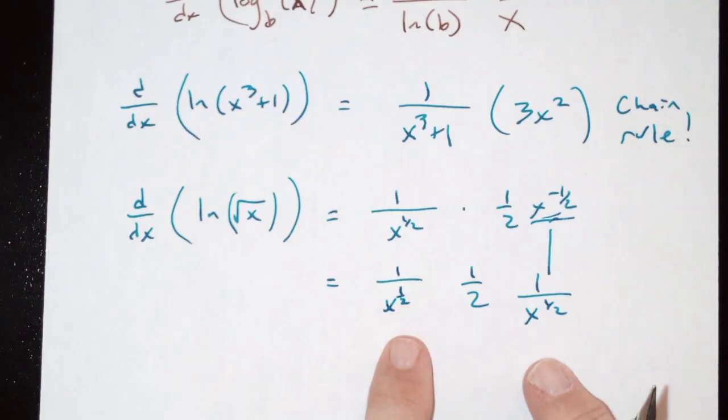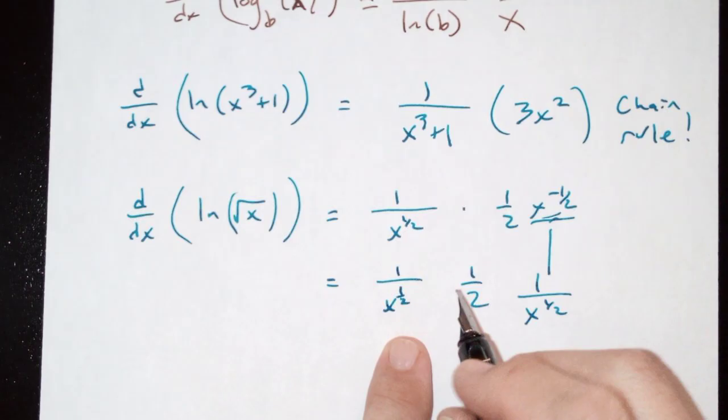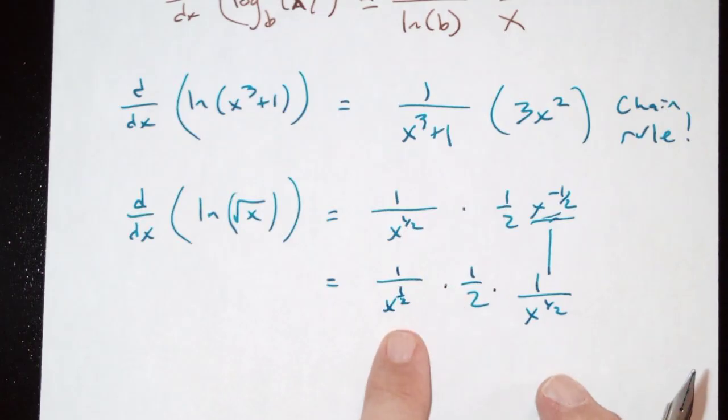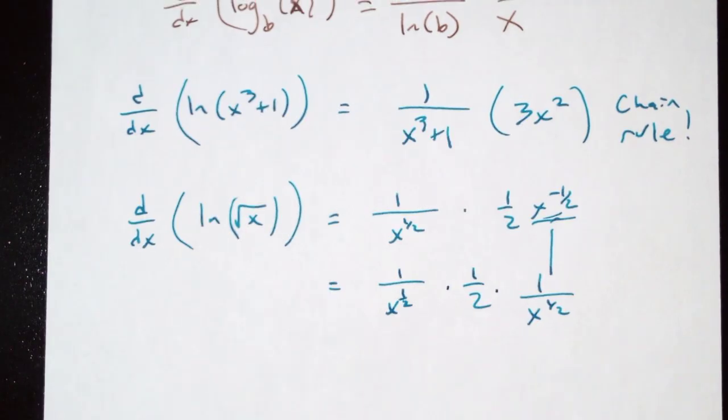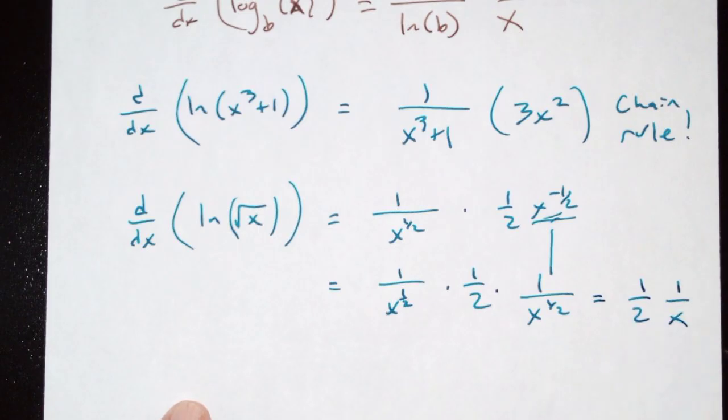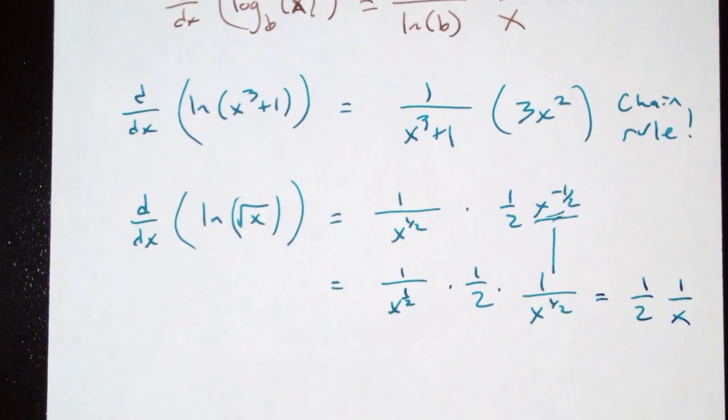What do I do with those powers? Since we're multiplying here, I add the powers. So x to the 1/2 plus 1/2, that's just x to the 1. And something raised to the first power is just that thing.